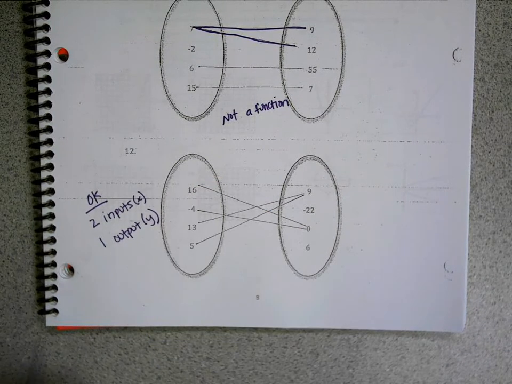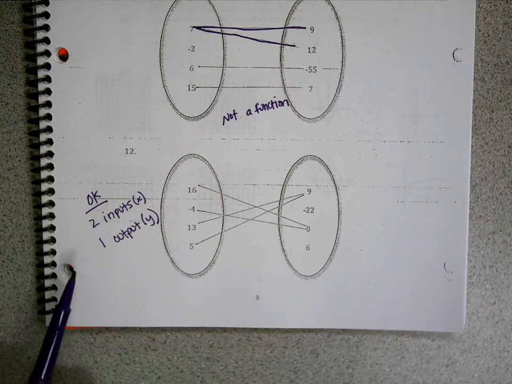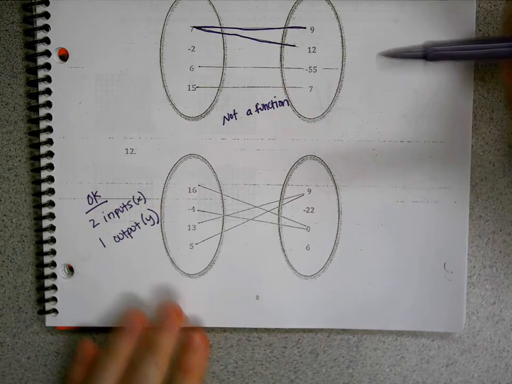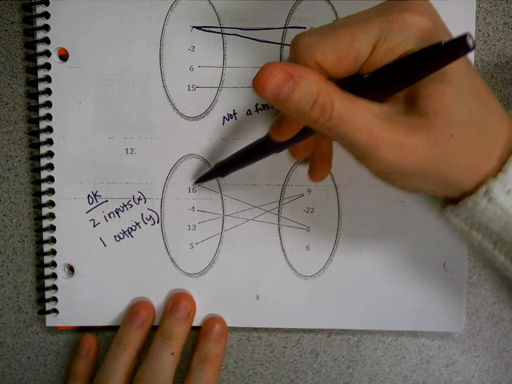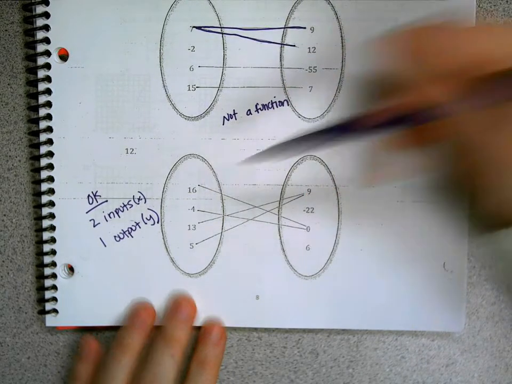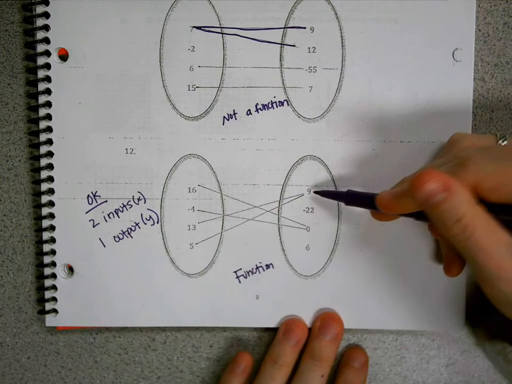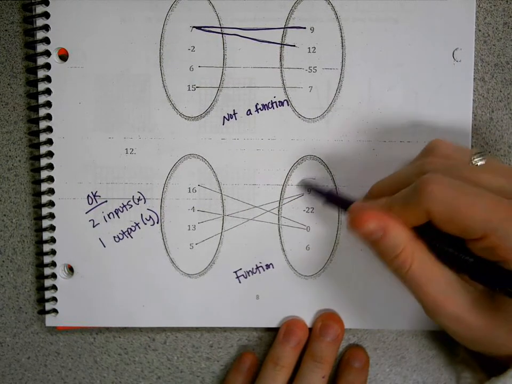That's like saying the number 16 and the number -4 are both going to call mom on the speed dial, and that's okay. So we just look for repeats on the x side. Since there's no repeats, it is a function, even though it looks like there's repeats on the y side here.